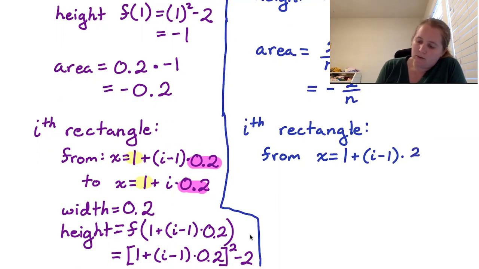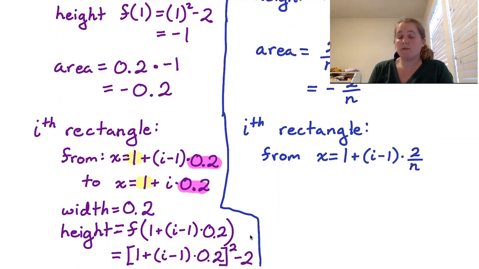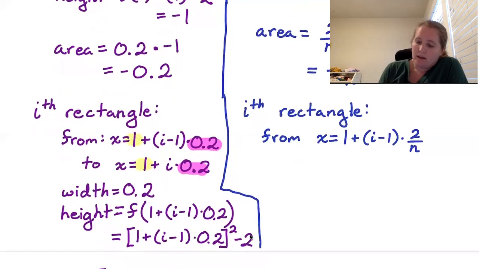Again, that first rectangle, we don't want to add any width or any shift at all. So that's why we did i minus 1. So we didn't have a shift. And then we'll go one further. So we'll have x equals 1 plus i times 2 over n.